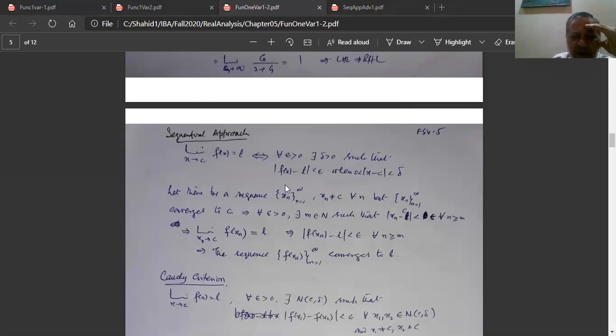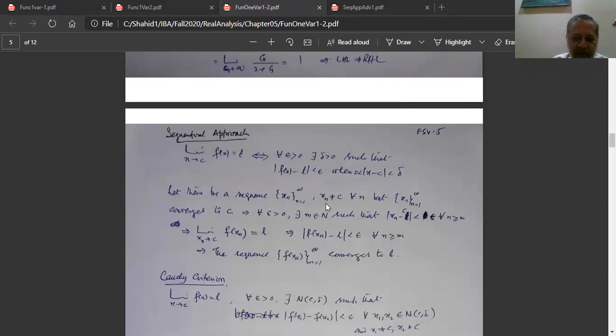Now, if I consider a sequence of numbers in which none of the terms is equal to c, where I am seeking limit of the function, but our assumed sequence converges to c.